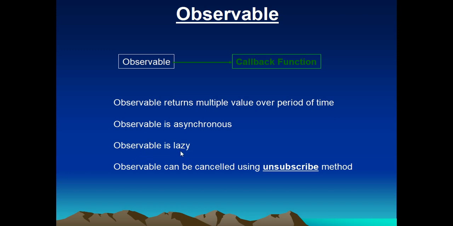That's why observable is called lazy. The last one is that observable can be cancelled. It means if you have invoked certain operations and you want to cancel it, then you can terminate that operation using the unsubscribe method. In case of promise, it's not feasible, but in case of observable it is possible.